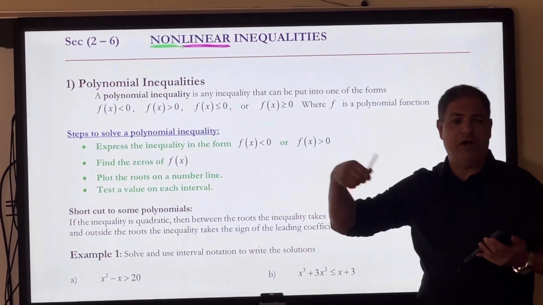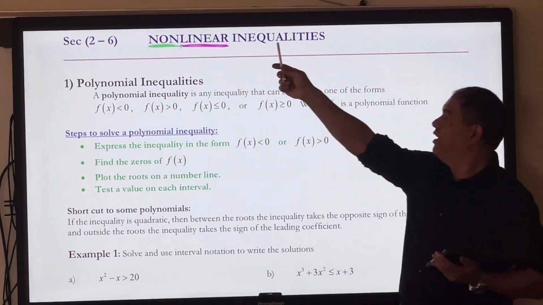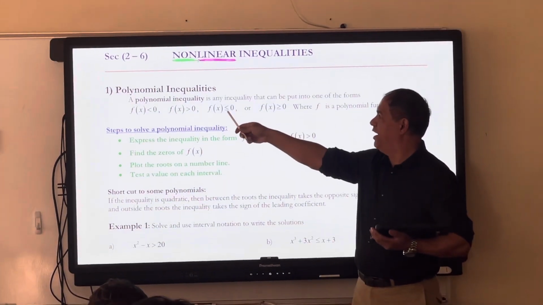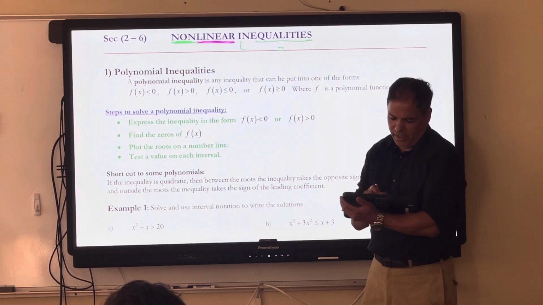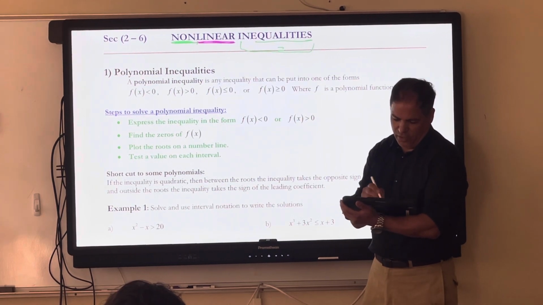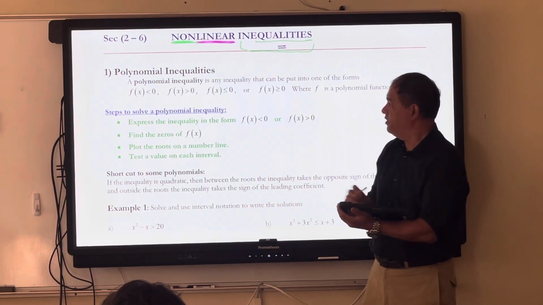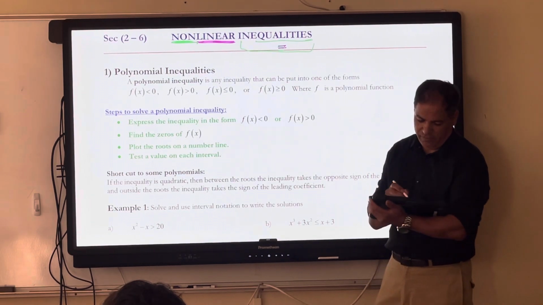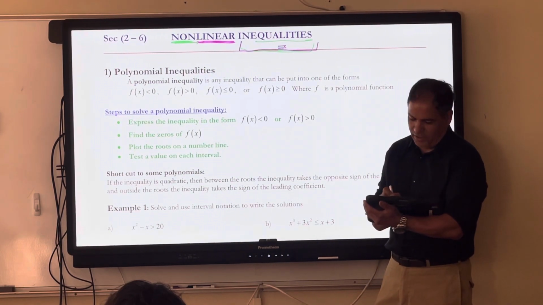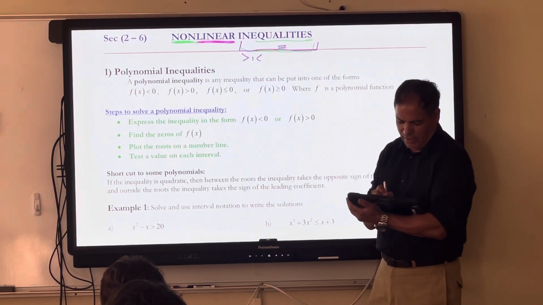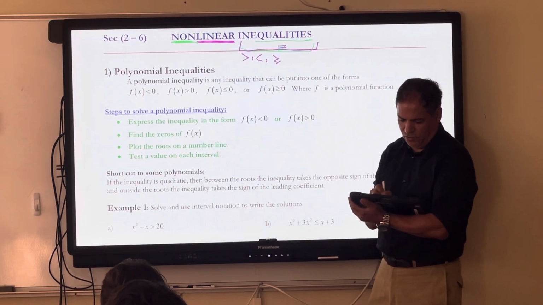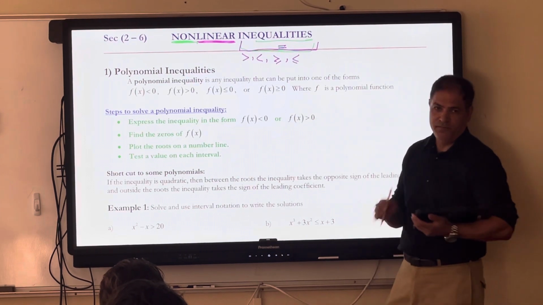Inequality versus equality. For equality, you must see just the equal sign by itself. For the inequality, you must have either greater than, or less than, or greater than or equal, or less than or equal.